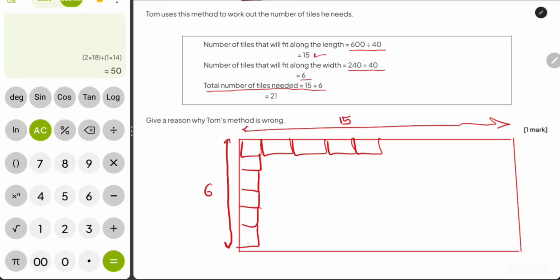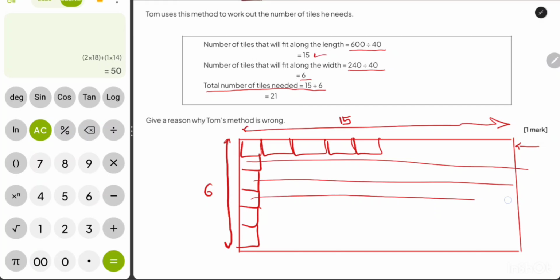Now the total number of tiles is not 6 plus 15, it's 6 times 15. Because in each row he'll put 15 tiles. So 15 in the first row, then 15 in the second row, then 15 in the third, fourth, fifth, and sixth. So if you find 15 times 6, you will get the total number of tiles.